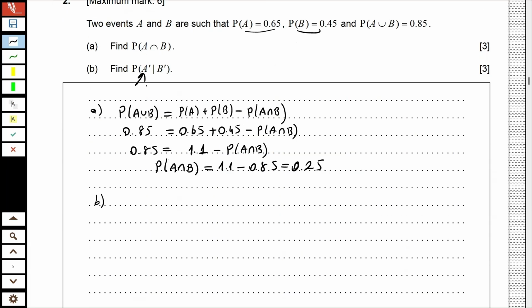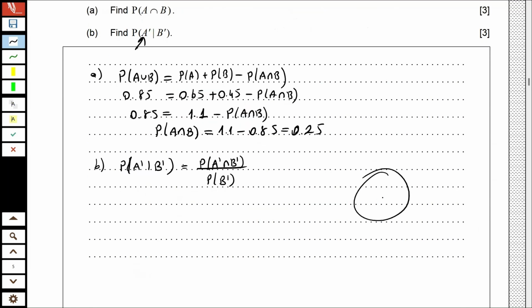So this is conditional probability. I will write the probability of not A given not B, and from here we will find the probability of not A. At the denominator, you will write the probability of not B. At the numerator, you will write the probability of the intersection of not A and not B. It's better to check it from the Venn diagram.